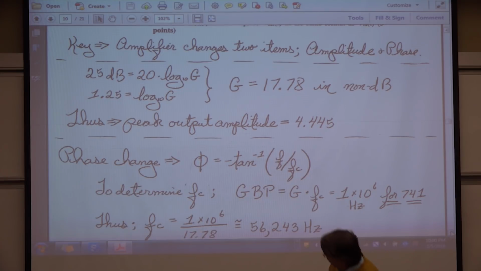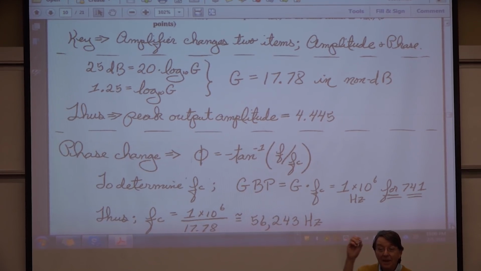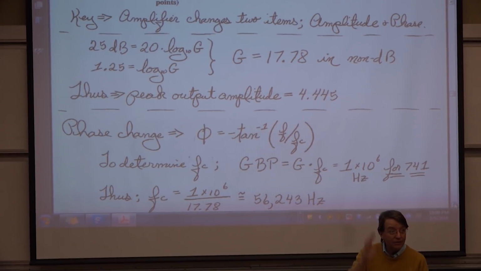And then, horror of horrors, I don't know F sub C. It's not given. Is there another way to find F sub C? Yes. I remember the joy of discovering the gain bandwidth product.